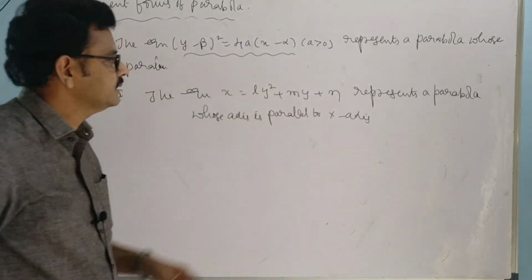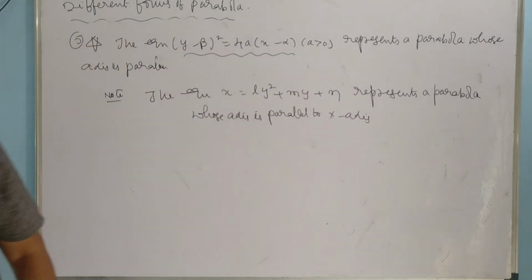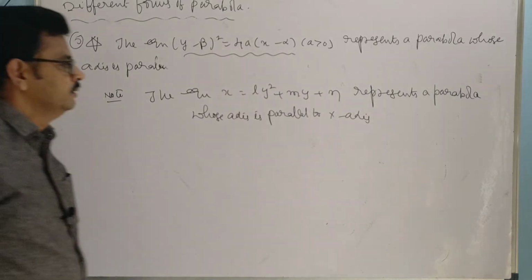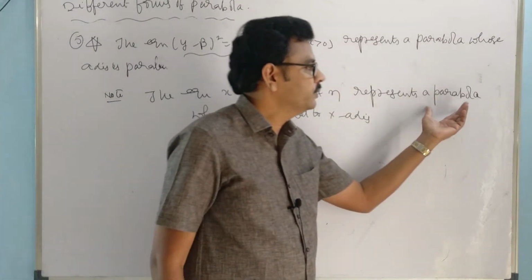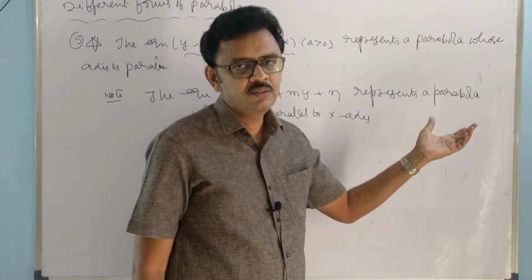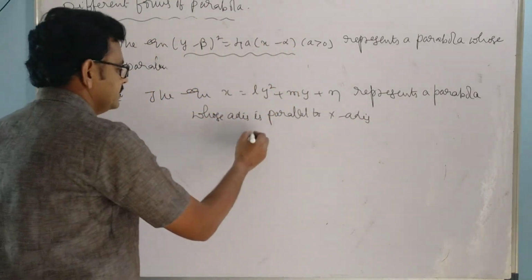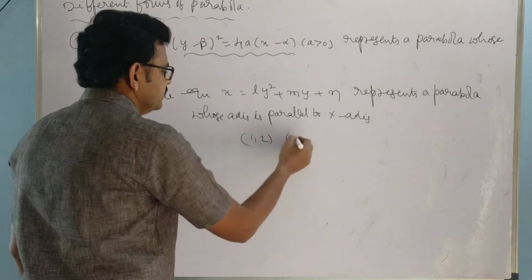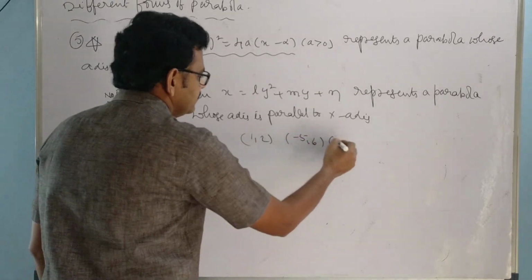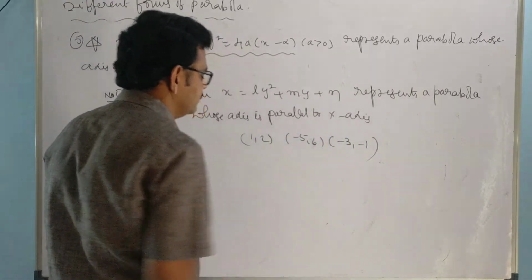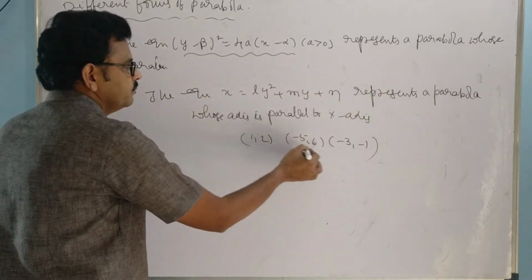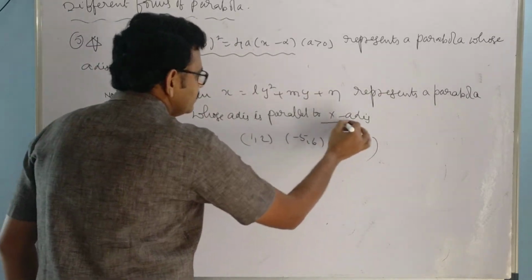When we are using this second point, from a board point of view, this is a 7 marks question. Find the equation of parabola which passes through 3 points, 1 comma 2, minus 5 comma 6, and 3 comma minus 1, whose axis is parallel to x-axis.